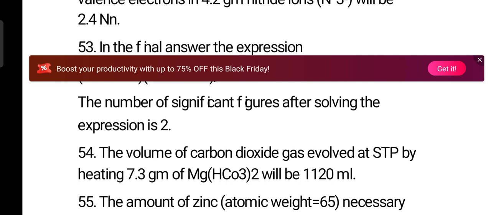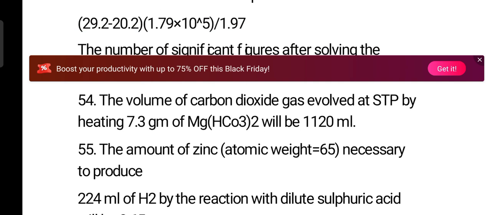The volume of carbon dioxide gas evolved at STP by heating 7.3 grams of Mg(HCO3)2 will be 1120 ml.